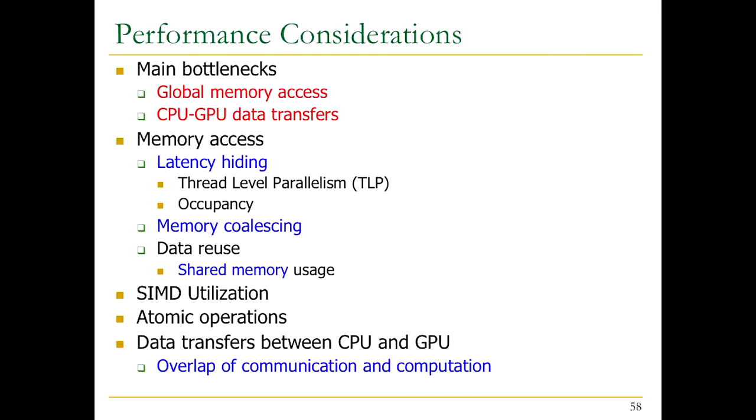Essentially, this is based on the fine-grained threading model and the fact that we have warps and we can schedule these warps so that we can be executing warps while we are doing other operations that have longer latency. And we will also talk about how to more efficiently access the memory. This is what we call memory coalescing.